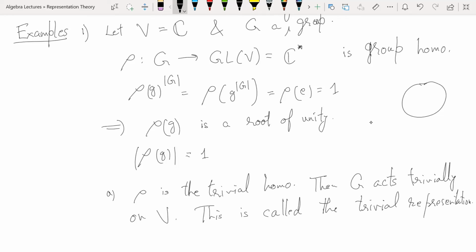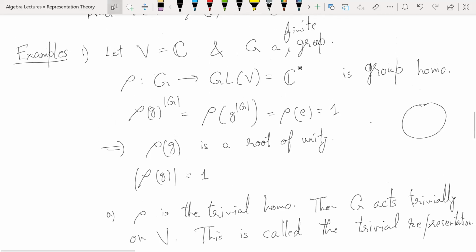Okay. So for one-dimensional representations, it's pretty straightforward. It's given by maps to C star, and one of them is trivial, and so on.